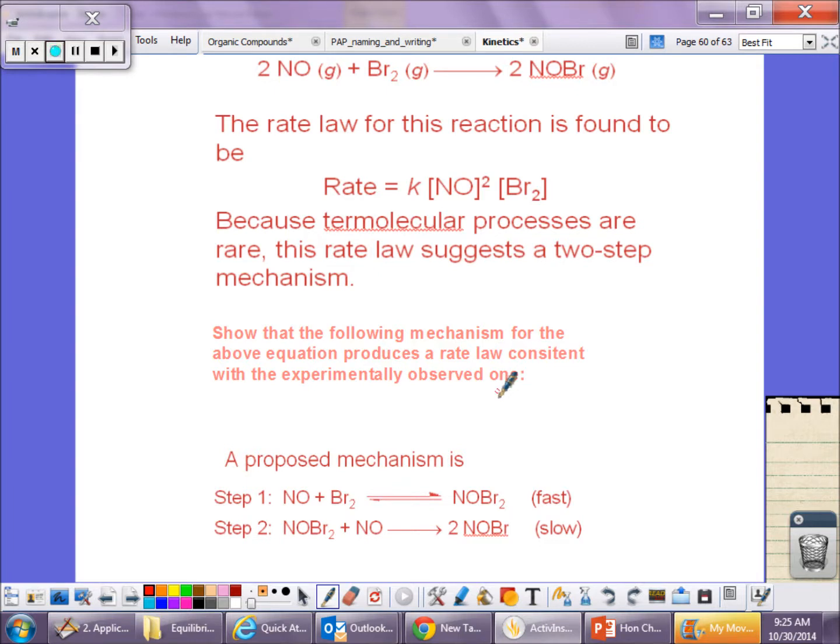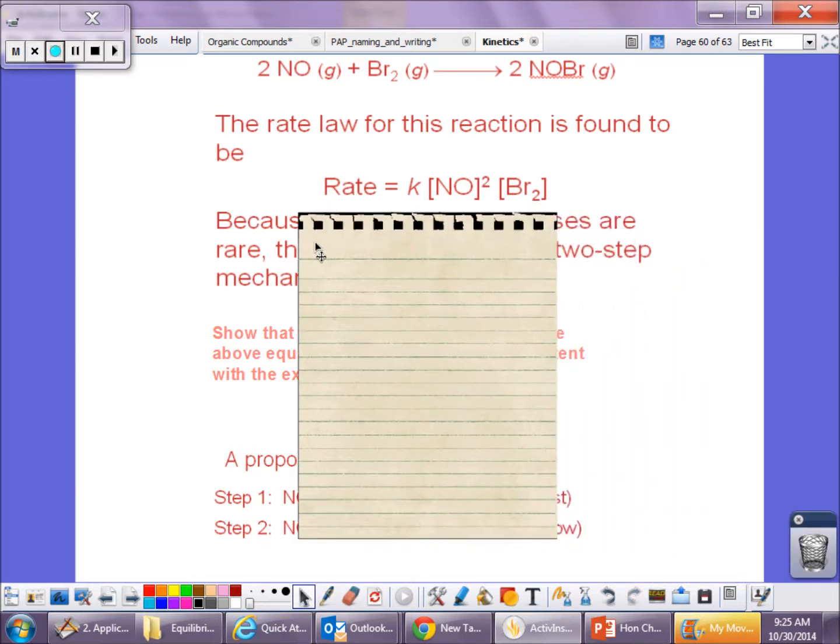This is the way they will always ask you that AP question. This is the balanced equation. This is the rate law determined by experiment. They are proposing a reaction mechanism, and they ask you, is that a valid mechanism for that rate law? This is what you do. Listen carefully. What I'm going to show now is not the way you have it in the textbook. It is different.